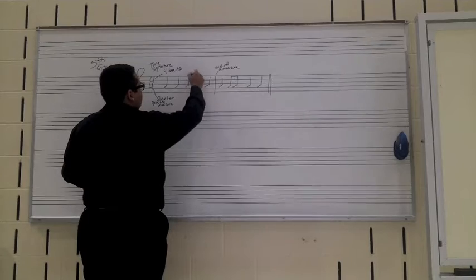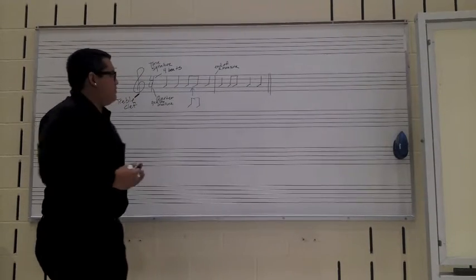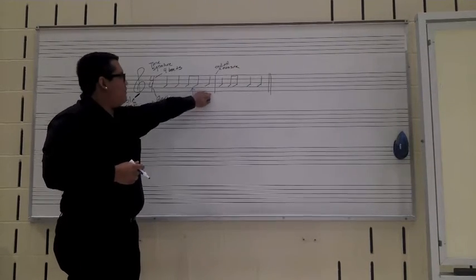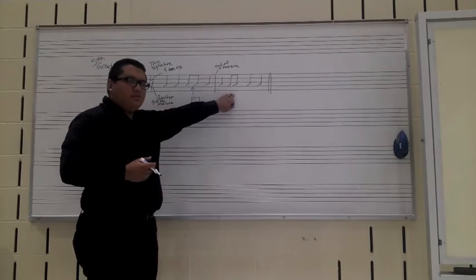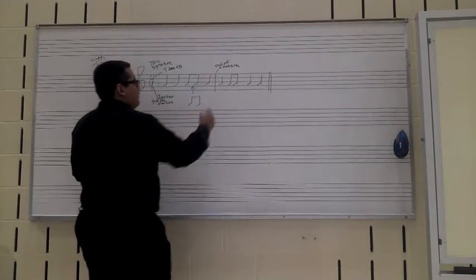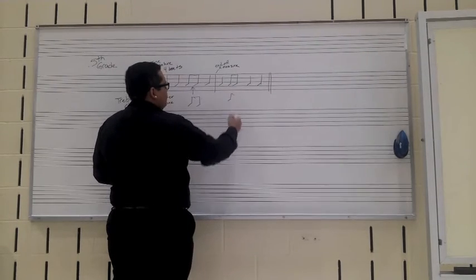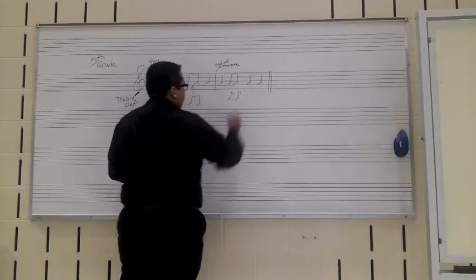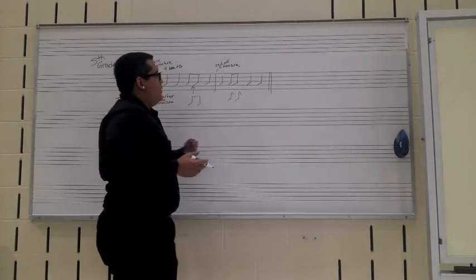This line is telling you that it's a set of 2 eighth notes. The next beat is a quarter note. Then another set of 2 eighth notes. And the last 2 beats are quarter notes. And then that's the end of the piece.